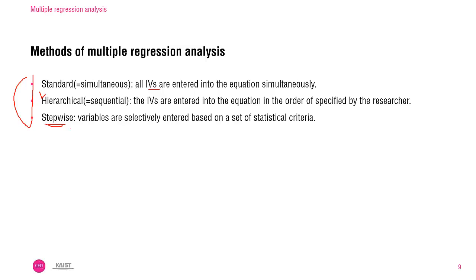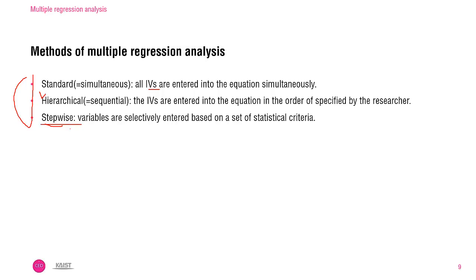Variables or sets of variables are entered in steps, with each independent variable being assessed in terms of what it adds to the prediction of the dependent variable after the previous variables have been controlled for.